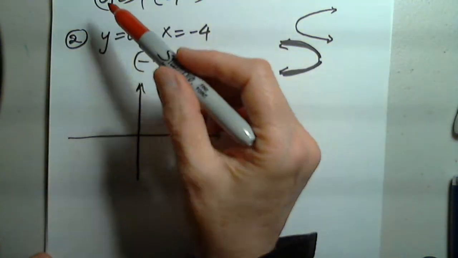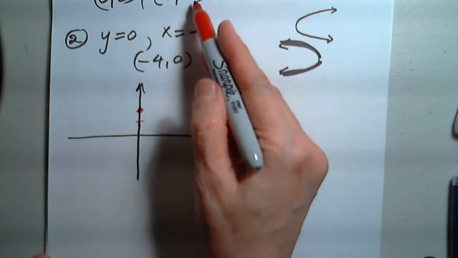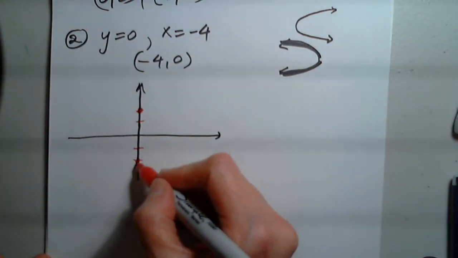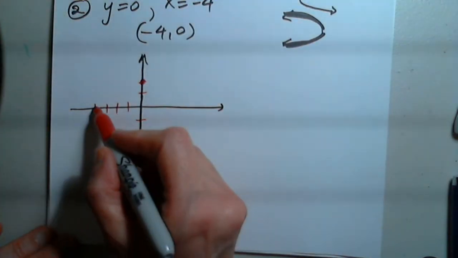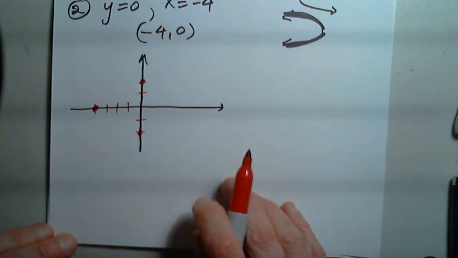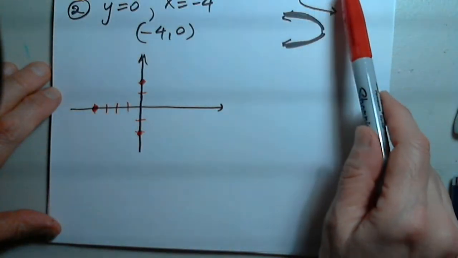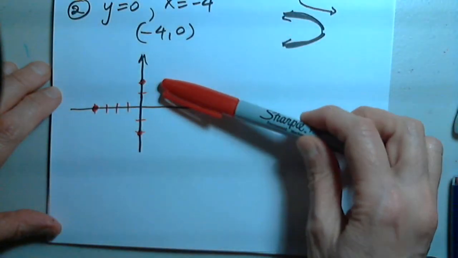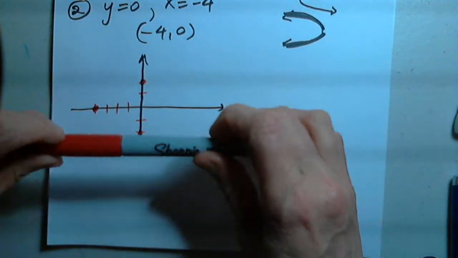So 0, 2 is this point. 0, negative 2 is this point. Negative 4, 0 is this point. As you notice, it's this kind of parabola because I know that this is the axis of symmetry. How do I know?